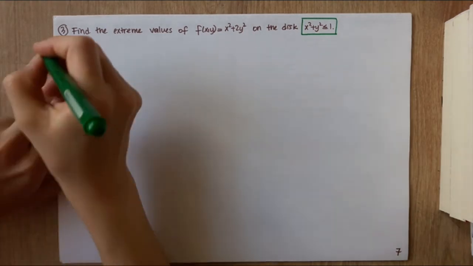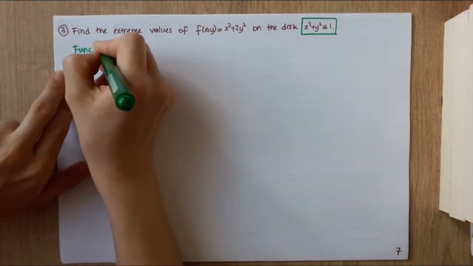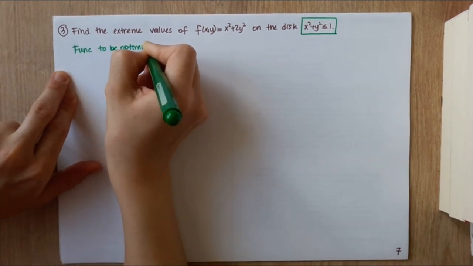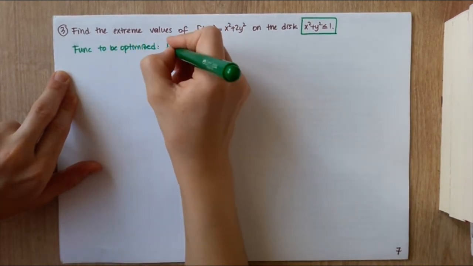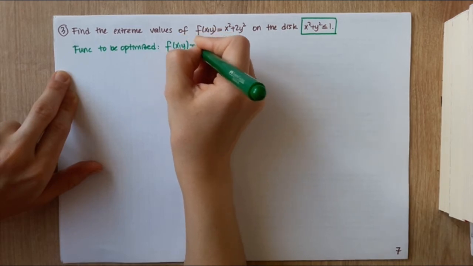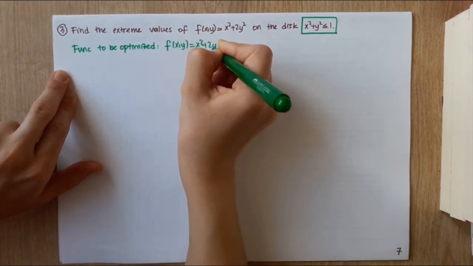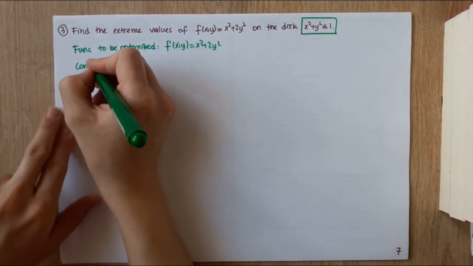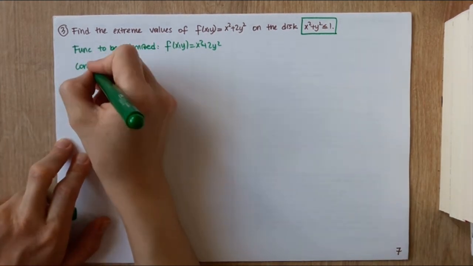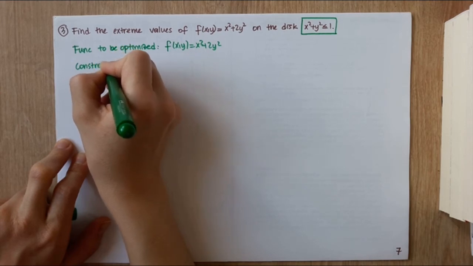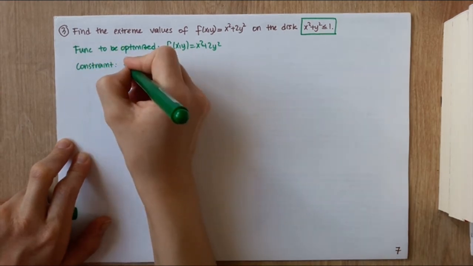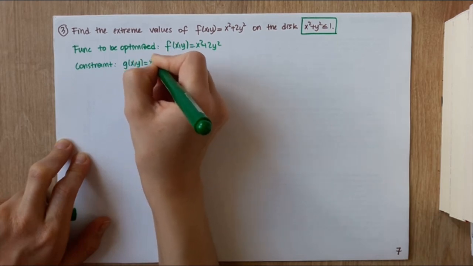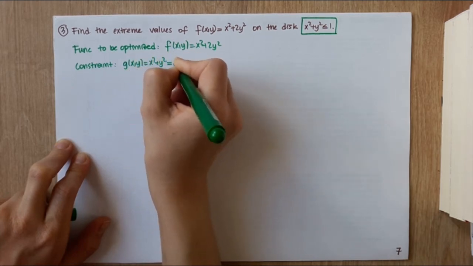Again, the function to be optimized is f(x, y) equals x squared plus 2y squared, and the constraint this time is g(x, y) equals x squared plus y squared equals 1.